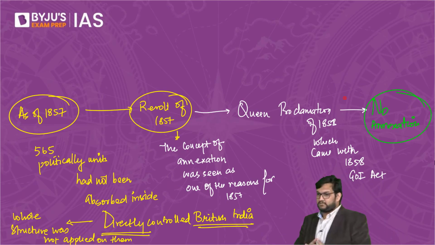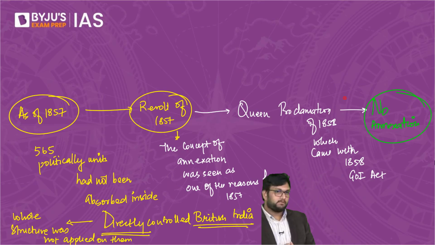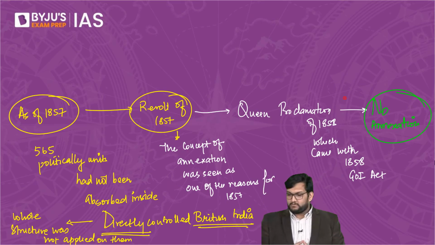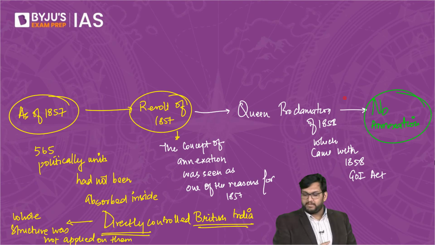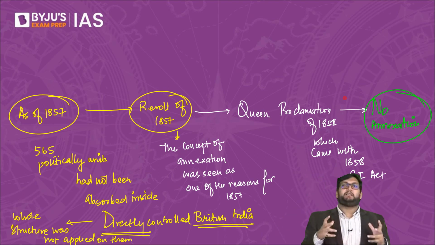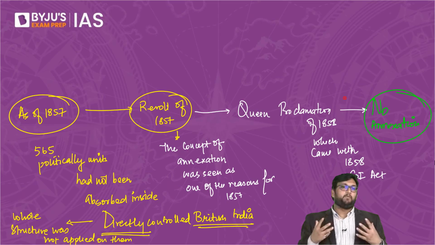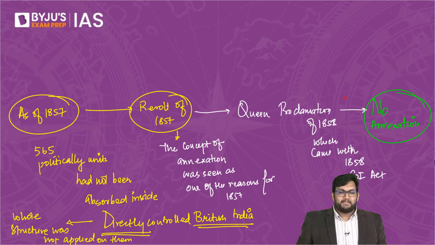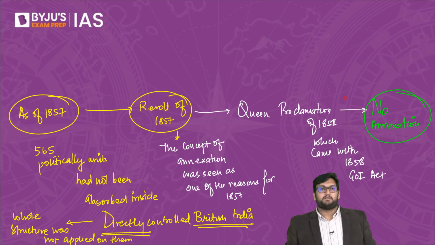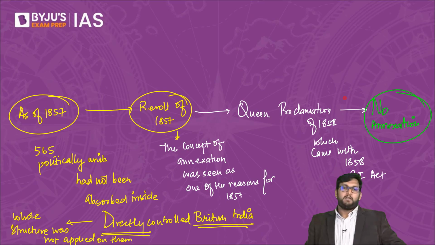I hope you understand this sequence. We understand this sequence. We already did it. As of 1857, 565 basic units are left, but Revolt of 1857 happens and Queen says no annexation, because we believe that annexation is one of the reasons for the Revolt of 1857.